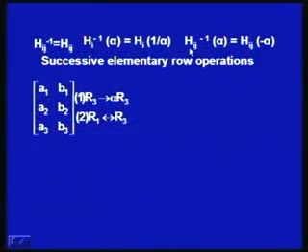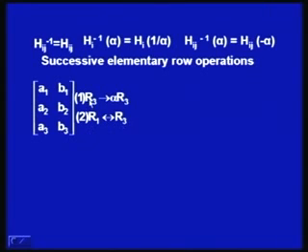The idea is that you can perform a number of operations on a matrix. So, let us say I have been given a 3 by 2 matrix A1 B1, A2 B2, A3 B3, and I apply 2 operations successively on this matrix.